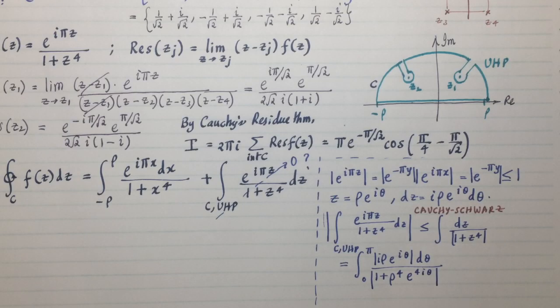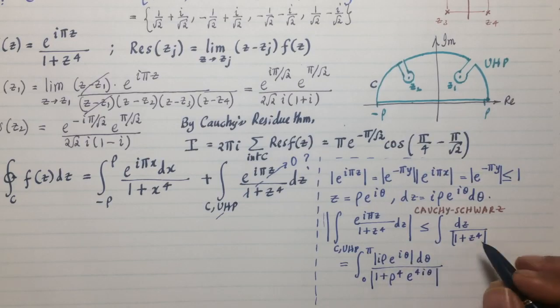All right, and then this thing is further going to be less than or equal to, now notice that the absolute value of i is just 1, the absolute value of e to the i theta is just 1, so I just have rho there. That's not where the inequality sign comes.